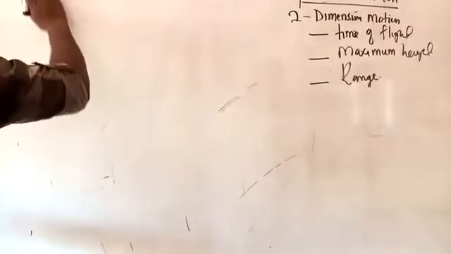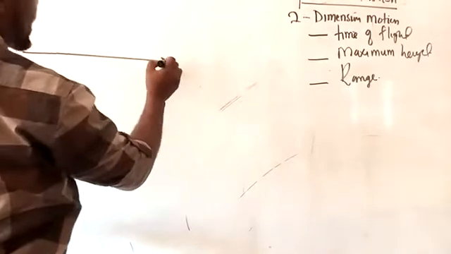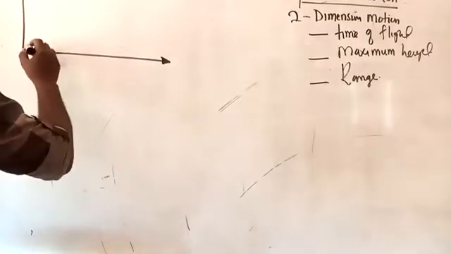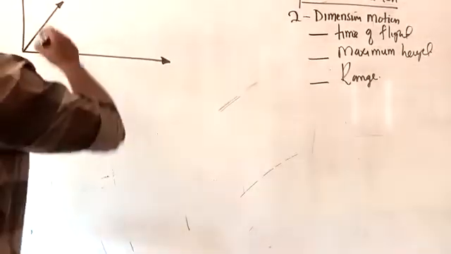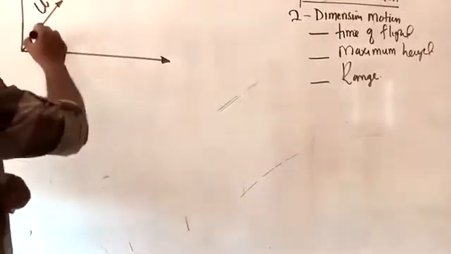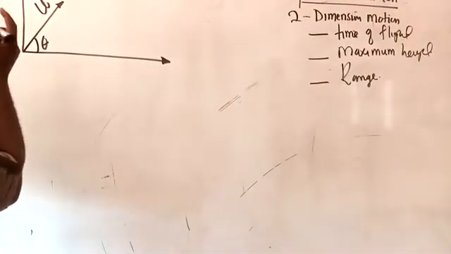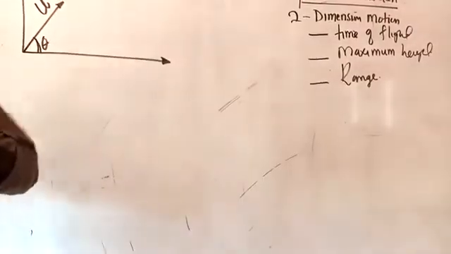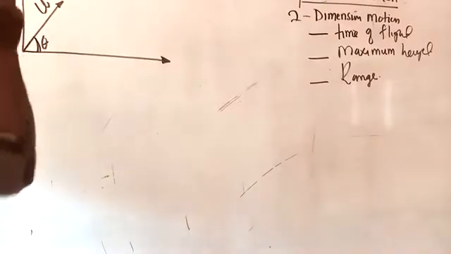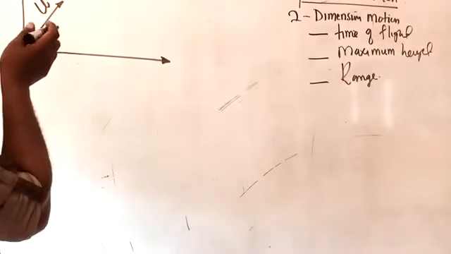An object that is projected at an angle on the x and y axis, you will have an object projected like that, and it was mentioned that this is the initial velocity u at an angle of theta. The initial velocity is called the velocity of projection, and then there's an angle of projection, because this is the velocity the object possesses at the inception of its journey.